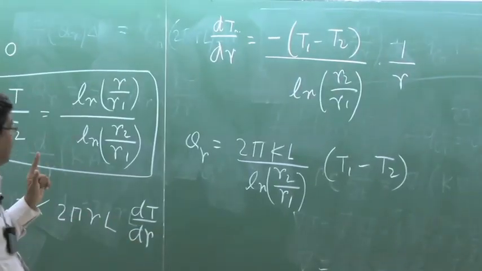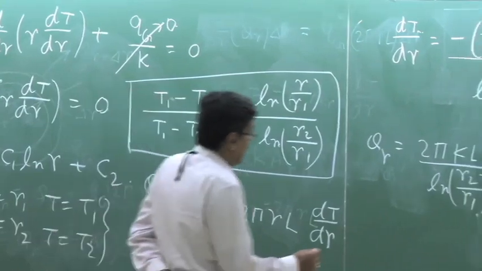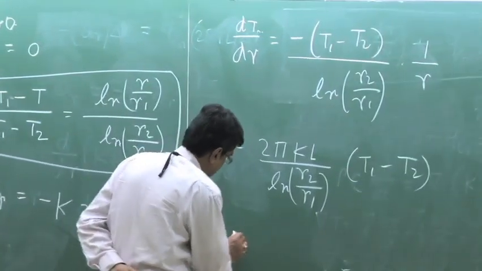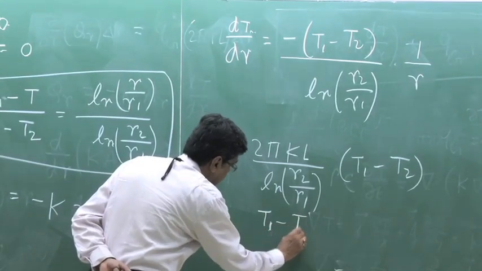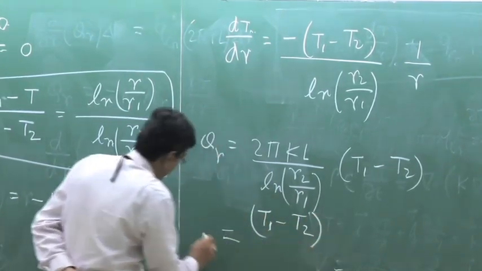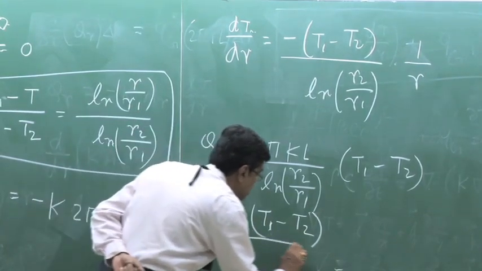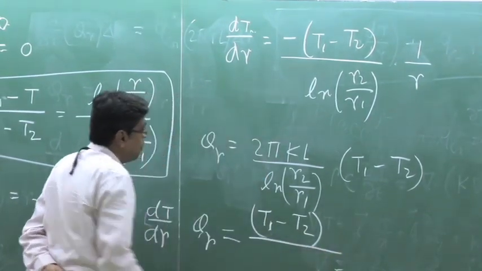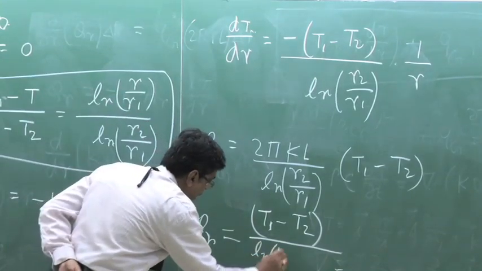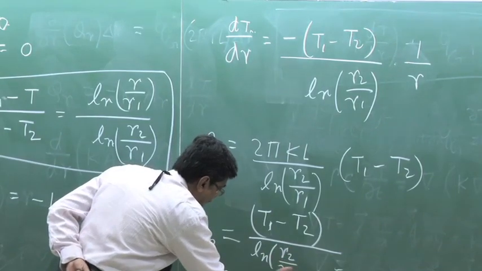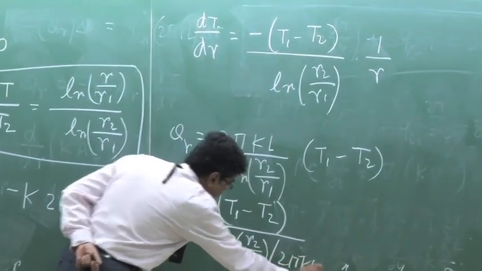So this is the heat flow, and in a similar way it can be expressed as T1 minus T2 in the numerator, divided by ln r2 by r1 divided by twice pi kL.